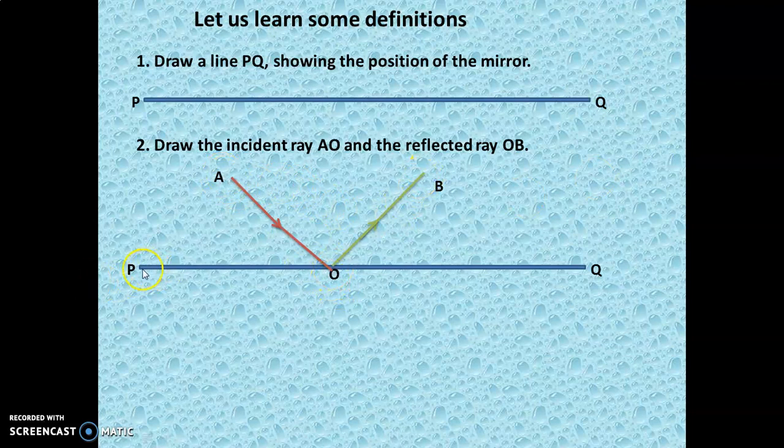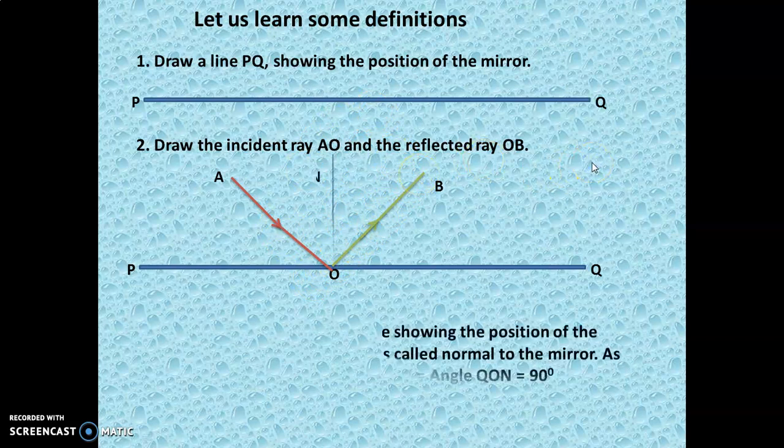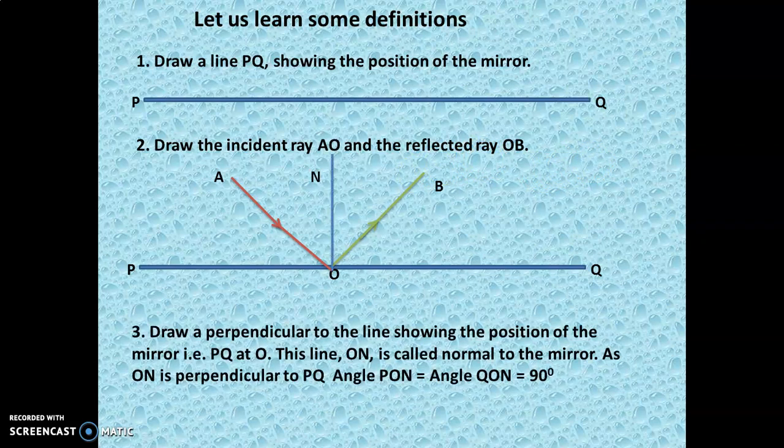Then you are going to draw a slanted straight line and name it the incident ray AO, and then another line this way, and name this the reflected ray OB. Then draw a perpendicular to the line showing the position of the mirror.